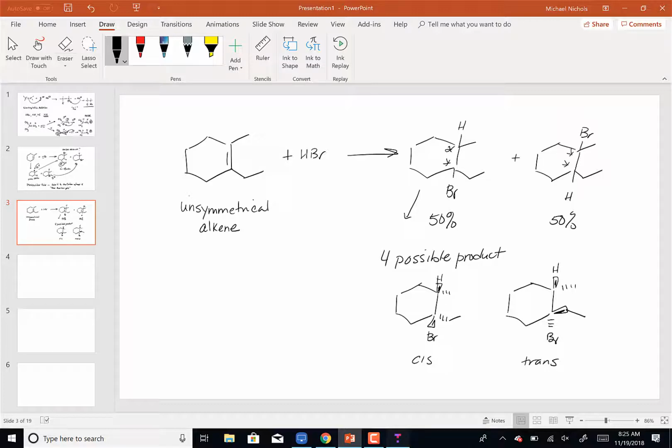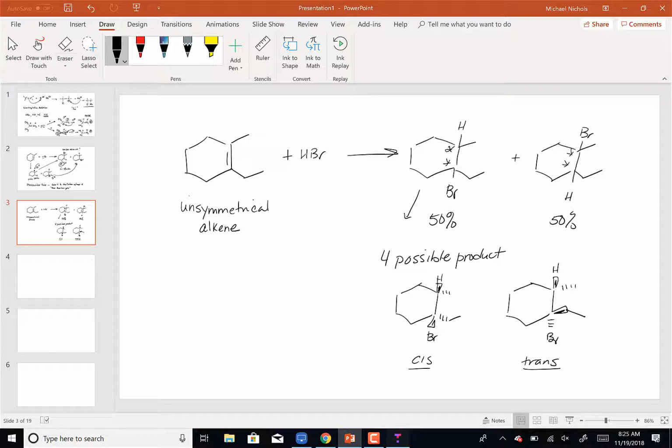So what I'm really interested in for any of these reactions is, does it add 100% cis, 100% trans, or 50-50? Because the other enantiomer is automatically there. Because I can't differentiate between enantiomers unless one of these two reagents is chiral, and it's not.